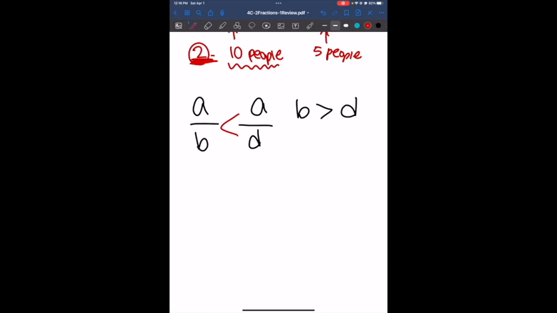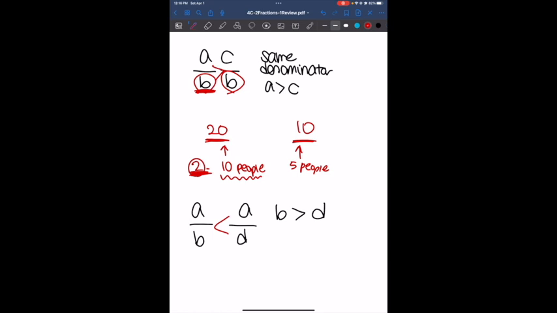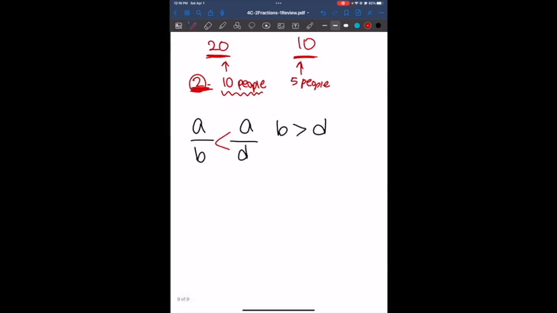So it's the opposite of the example above. When the numerator is different and the denominator is the same, the larger numerator is larger. But when the denominator is different and the numerator is the same, the smaller denominator is larger.